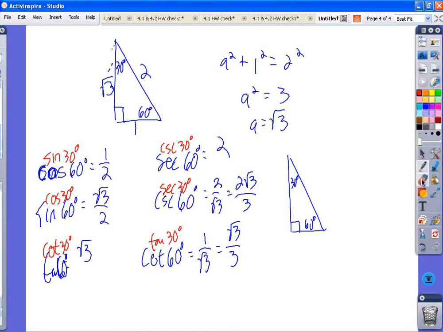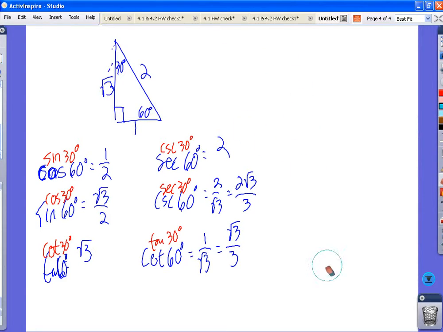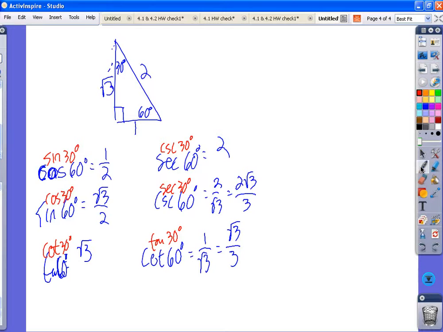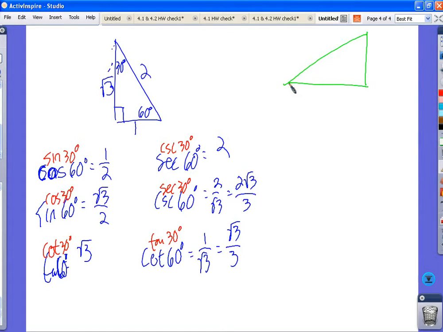So that brings up an interesting identity. In any triangle, this isn't just special to 30 and 60. It's true of any two angles in a right triangle together.